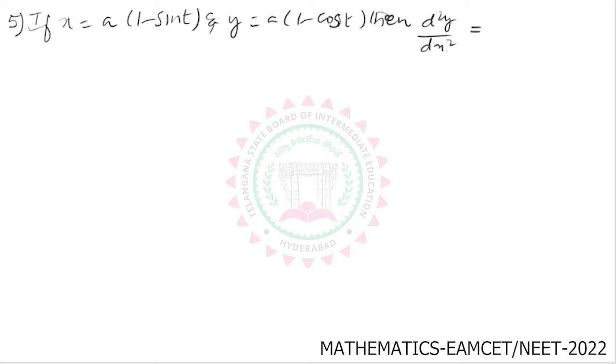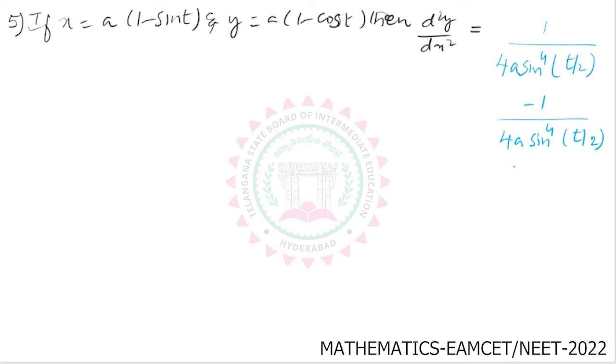The options are: the first option is 1 divided by 4a sin power of 4 into t. Second option is 1 divided by 4a sin power of 4 t.